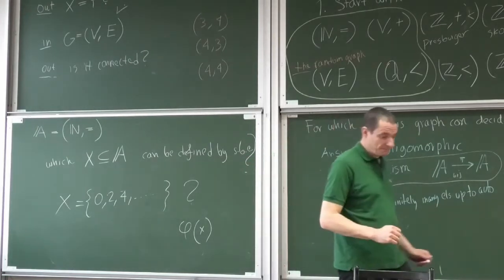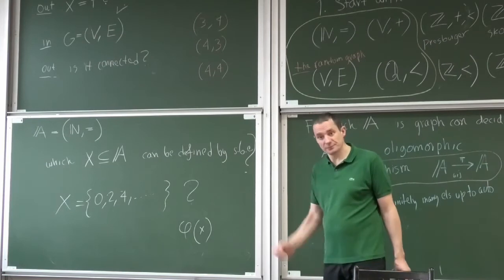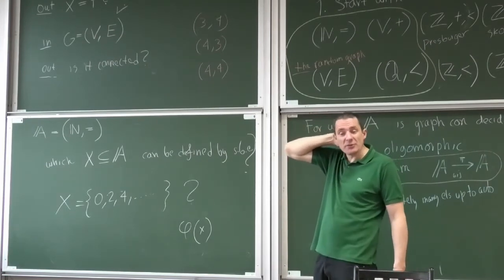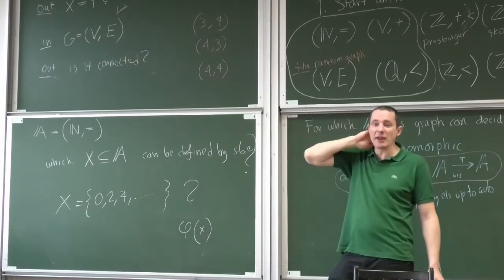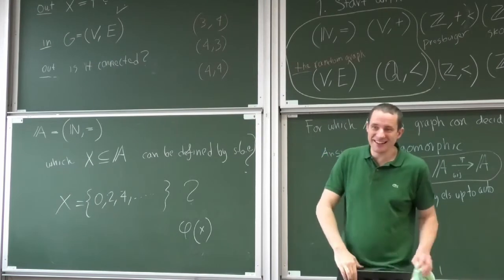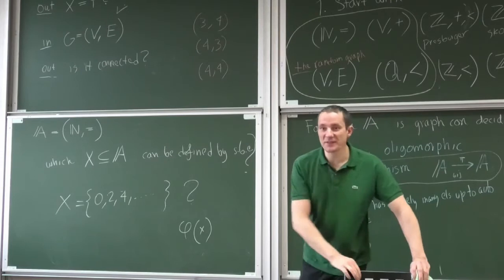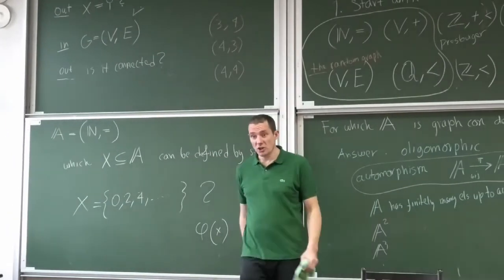But what's an argument? There are different arguments that could be used to justify this, but I want to hear one which uses the word automorphism. Okay? So let me just start it.